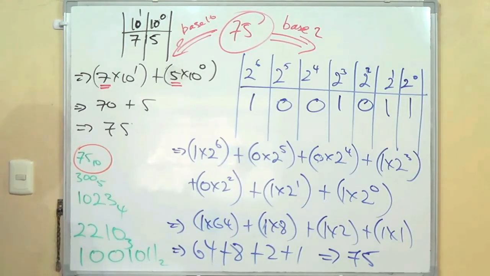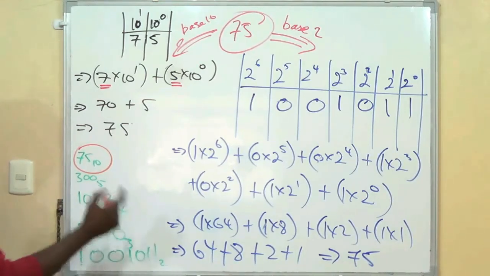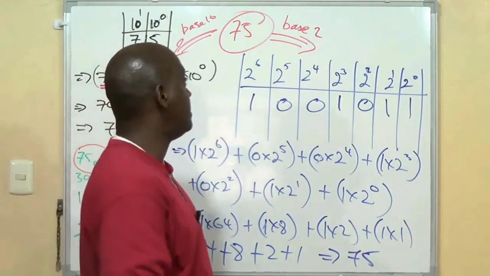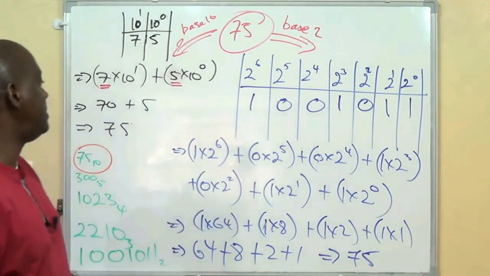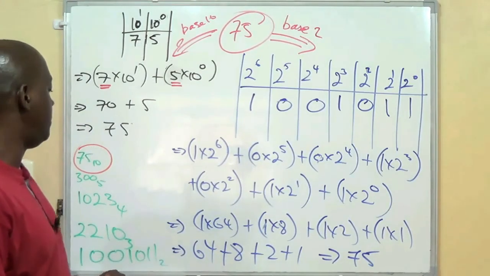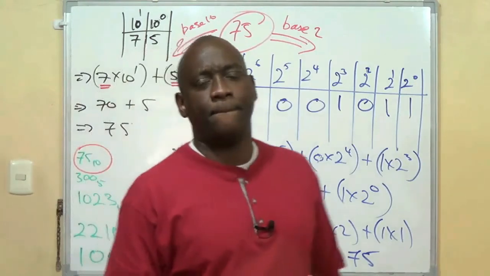75 in base 2 is 1001011. That basically is it as far as 75 being expressed in different bases from base 5 straight down to base 2. Couldn't want it better than that.